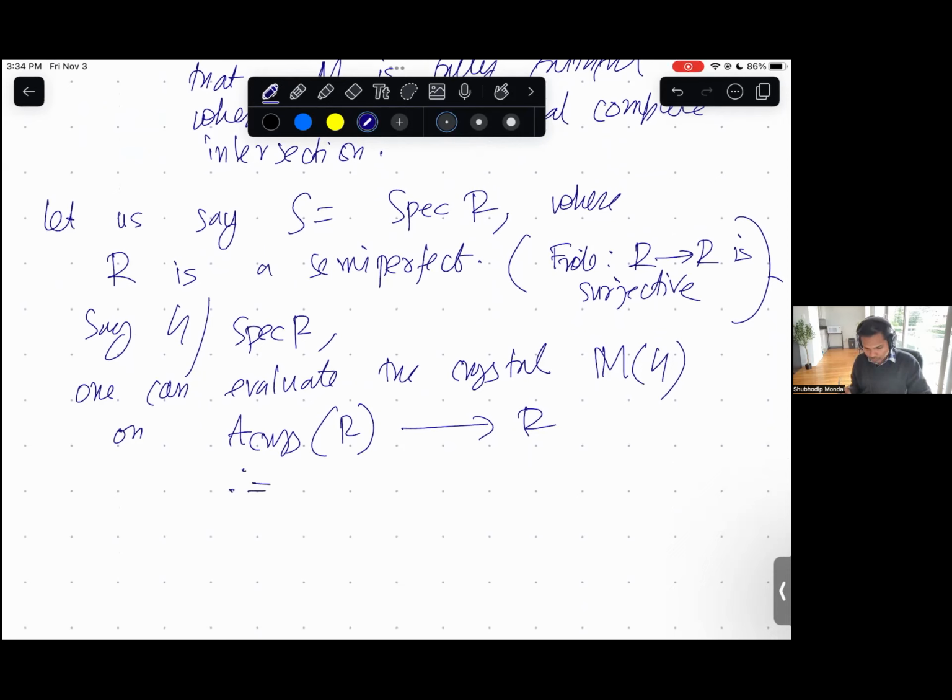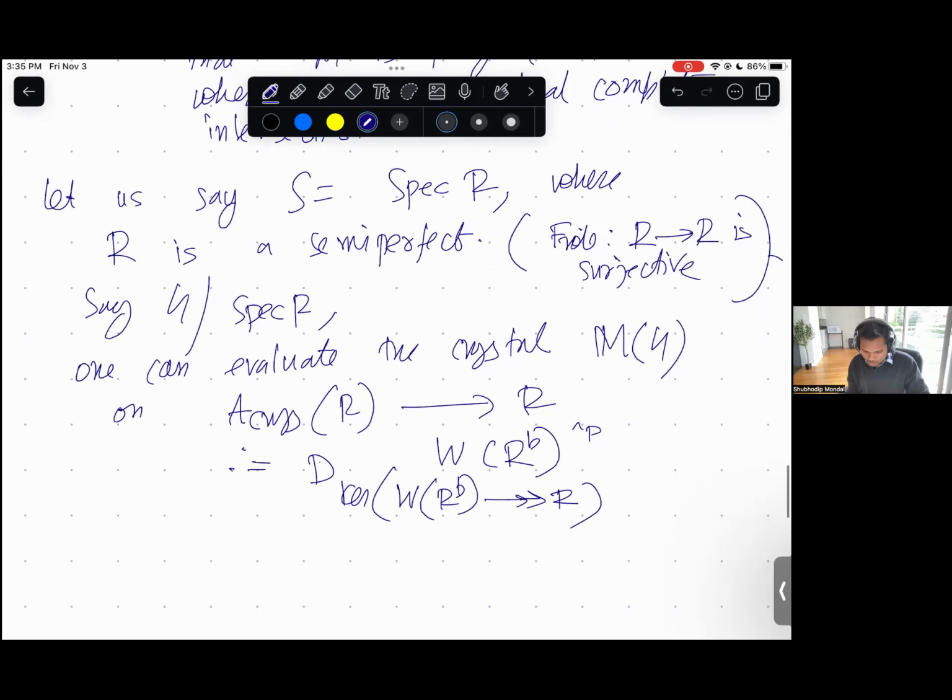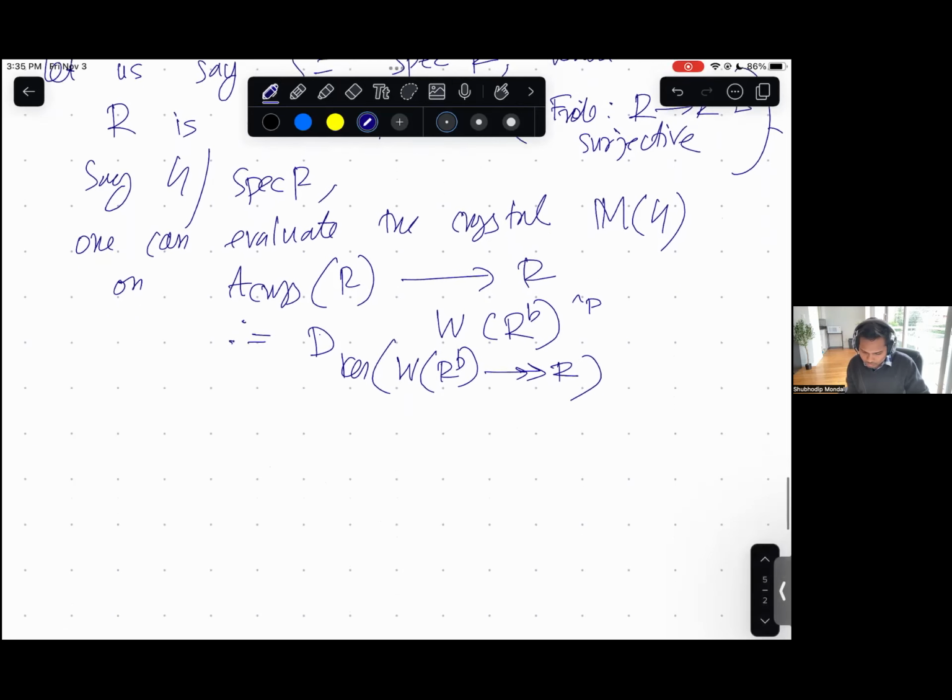It's some kind of a universal divided power thickening of R. The way I'm writing it down, I'm writing down everything at once, so it looks a bit complicated.